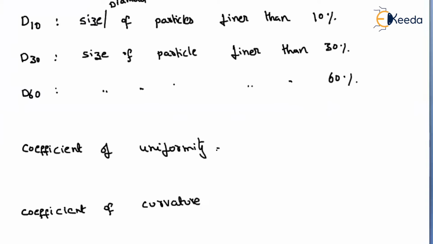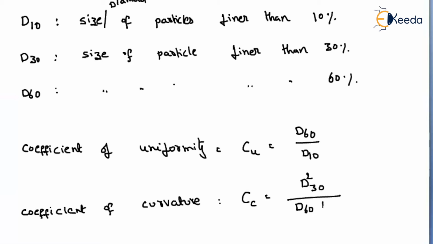Coefficient of uniformity we define with C subscript U. This is nothing but D60 divided by D10. Already we have seen what is D60 and what is D10. Coefficient of curvature is represented by C subscript C. This is nothing but D30 squared divided by D60 into D10. These formulas we have to learn by heart.